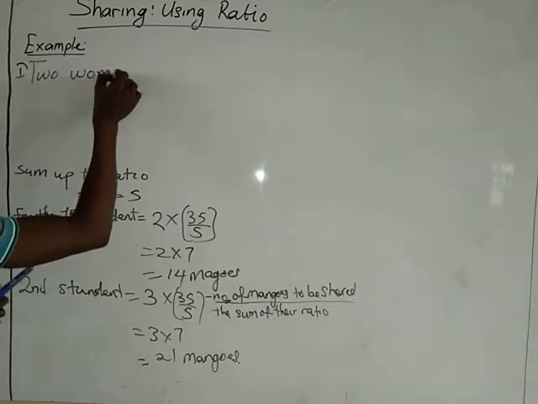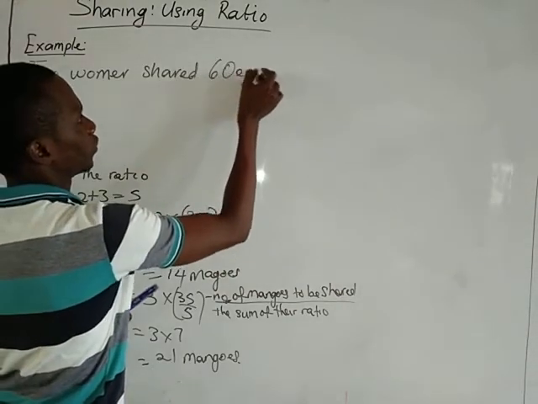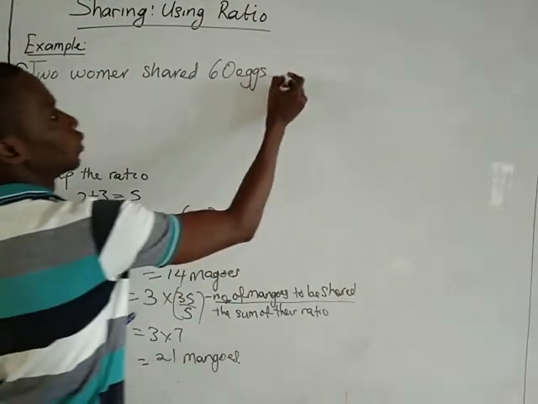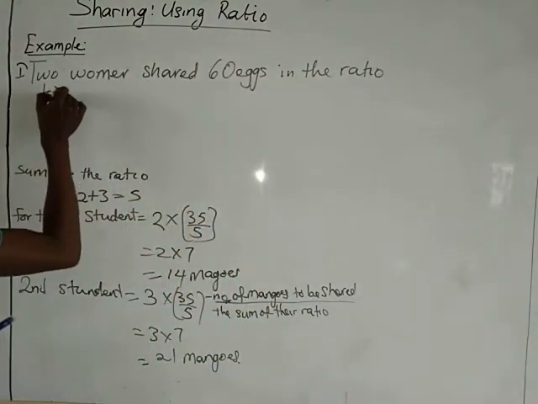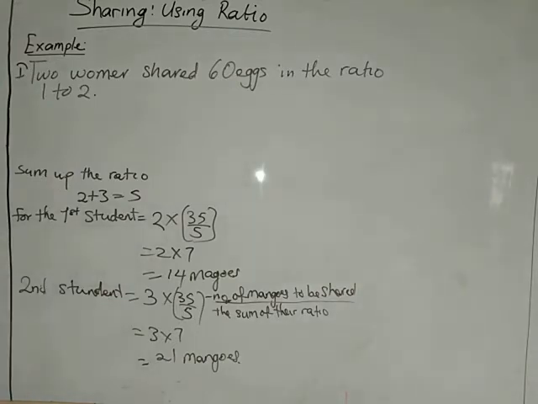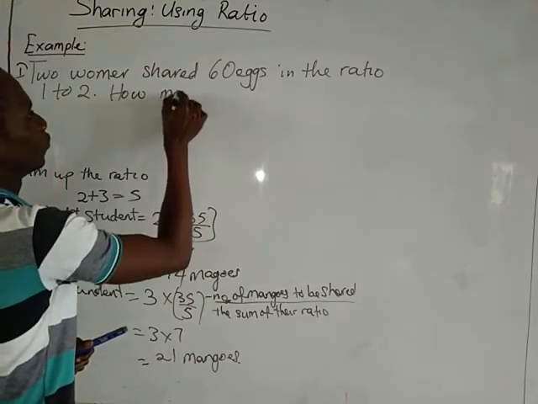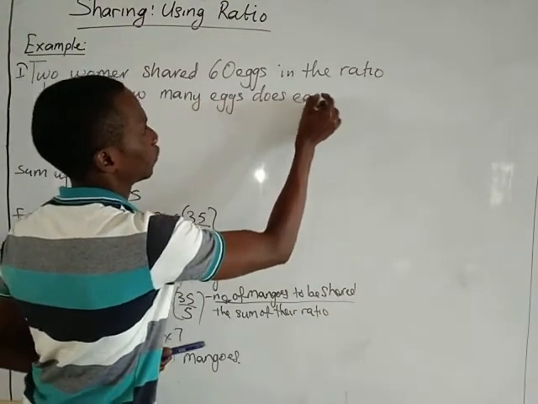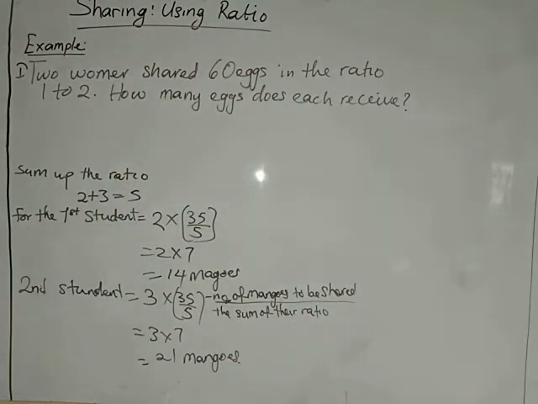Two women shared 60 eggs in the ratio 1 to 2. Now, how many eggs does each receive?